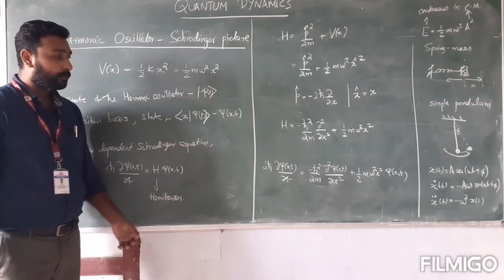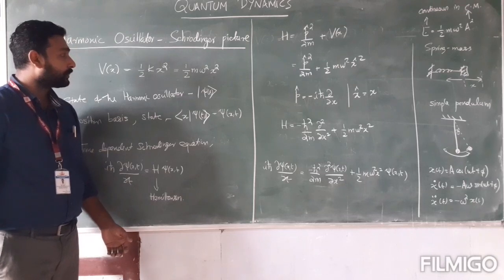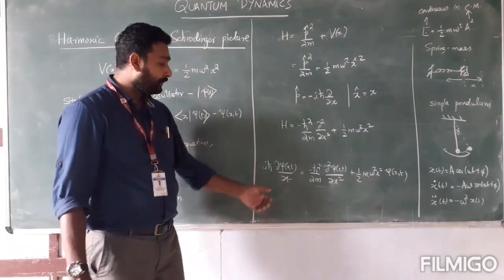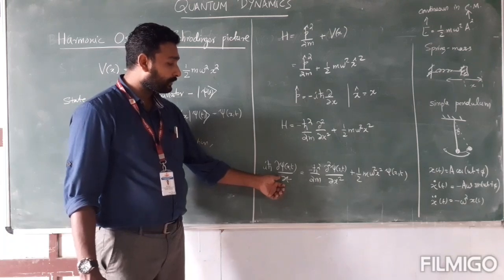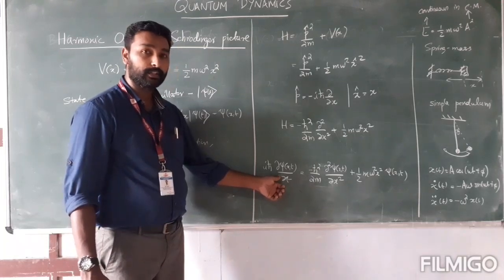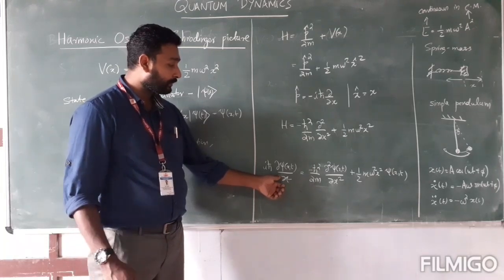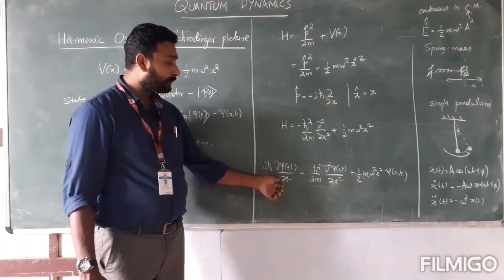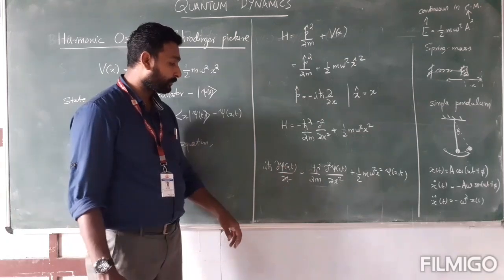So the time evolution would be very simple here. In order to find that, you can convert the Schrodinger equation into a time independent Schrodinger equation. There are a few steps required to move from the time dependent to the time independent Schrodinger equation.